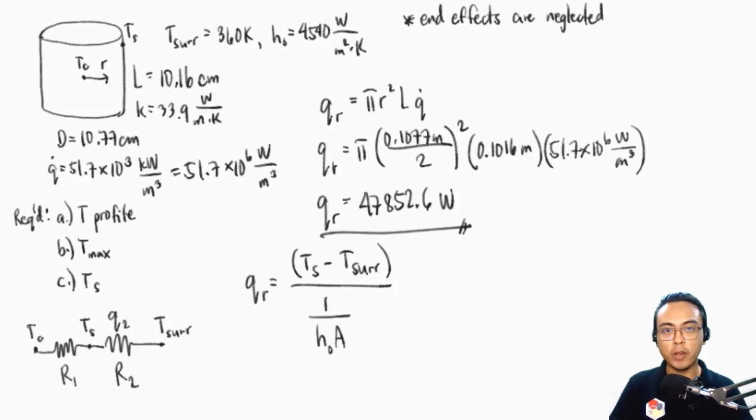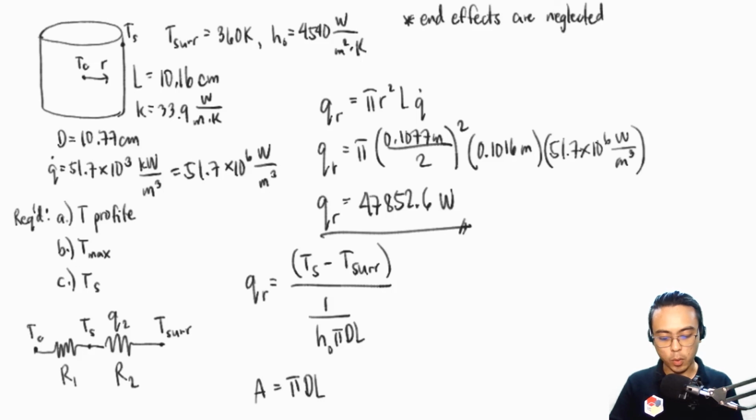The area that we are referring to here is the lateral surface area of the cylinder because again, we are neglecting the effects of the top and bottom end of the cylinder. We define the lateral surface area of the cylinder as pi d L. Therefore, we can substitute that into our heat equation. This becomes H sub O times pi d L.